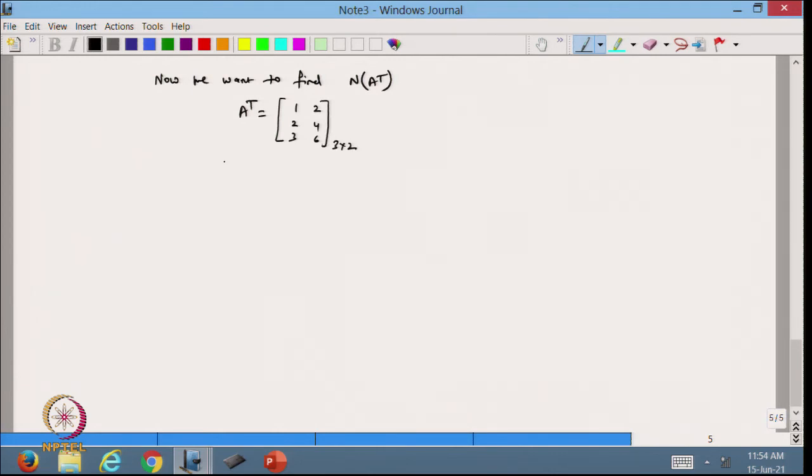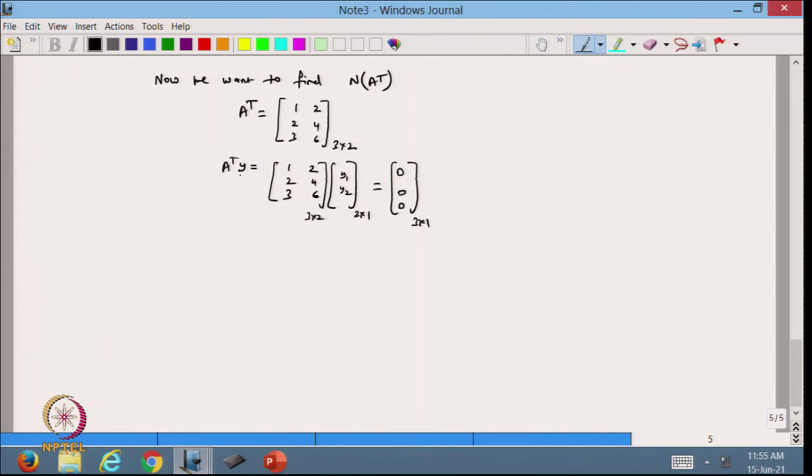Now, I need to take A transpose y, which is 1 2, 2 4, 3 6 times y1 y2, where this is 3 cross 2 and this is 2 cross 1, and that should be equal to 0 0 0, which is 3 cross 1.